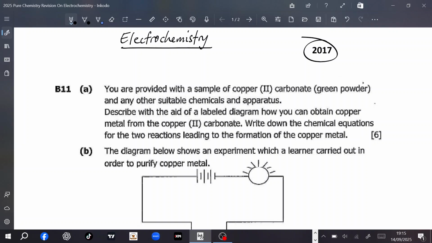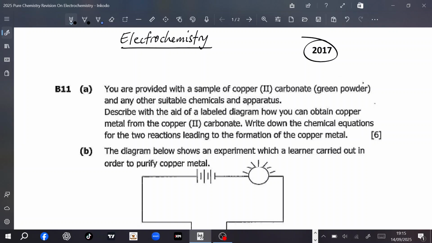Describe with the aid of a labeled diagram how you can obtain copper metal from the copper 2 carbonate. Write down the chemical equations for the two reactions leading to the formation of the copper metal.